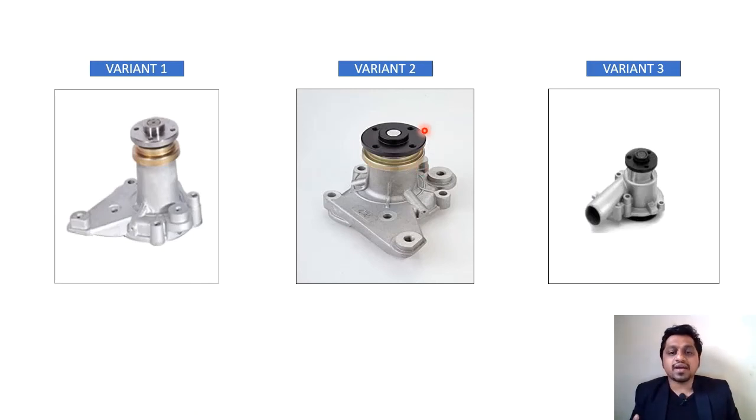So that's why it is very important to ask the customer how many variants there are, whether there are any differences in these variants, and whether there are sub assemblies which are going to be fitted into the part. These kinds of questions are very important, and you should get this information before going to the design.